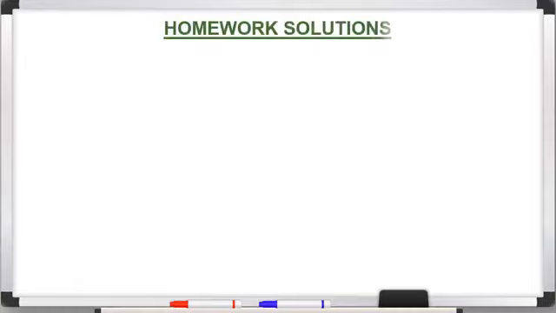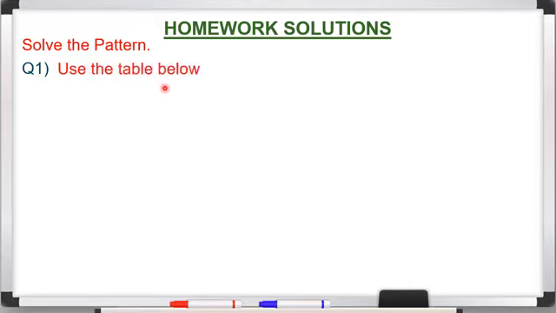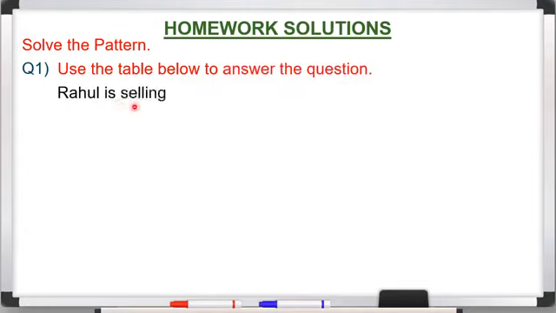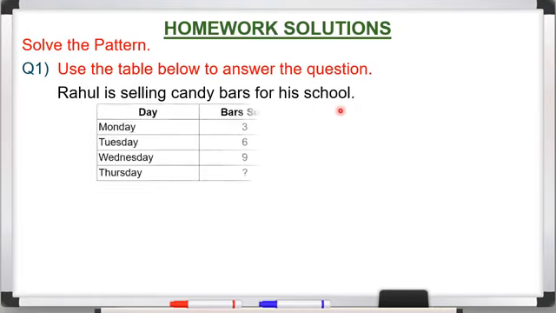Now beta, in homework solutions, we have to solve the pattern. Question number 1. Use the table below to answer the question. Rahul is selling candy bars for his school. See here, this table is given, here day is written, here bars sold is written.